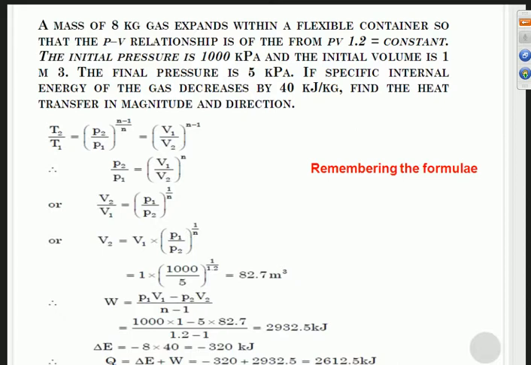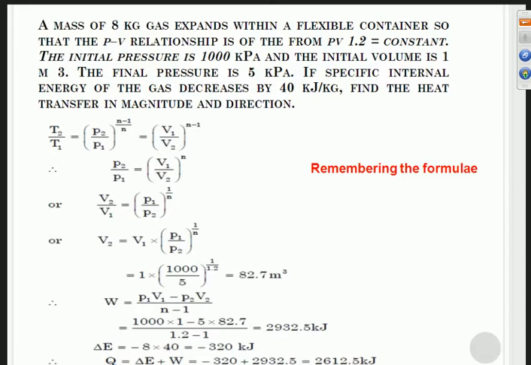Establish another equation, P1 V1^n is equal to constant, right? So P1 V1^n is equal to P2 V2^n. That formula you correlate, solve those two equations, and you will get the relation T2 by T1 is equal to P2 by P1 whole to the power of n minus 1 by n, V1 by V2 to the power of n minus 1.